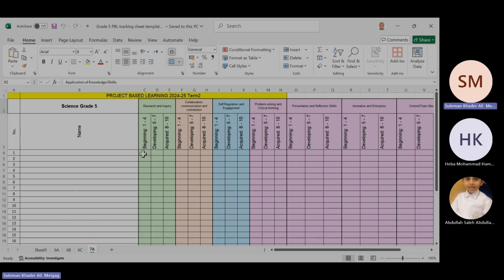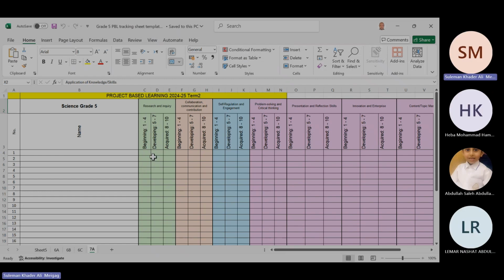So the lowest, beginning, is 4 marks, 1 to 4. In the middle, developing, 5 to 7. And here acquired means that's the best. You've done everything right in research and inquiry for the project, 8 to 10.